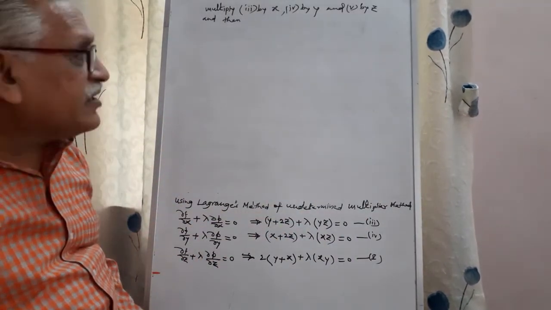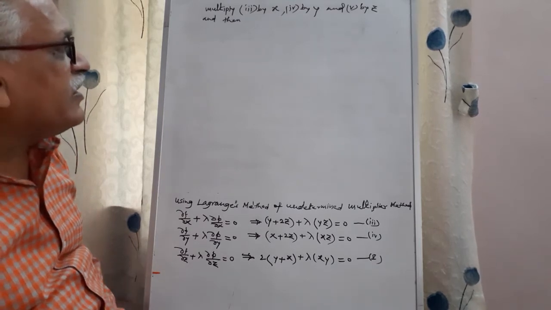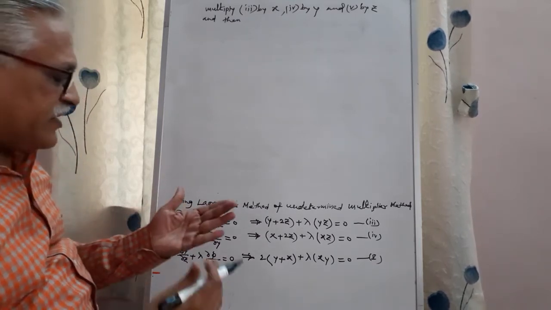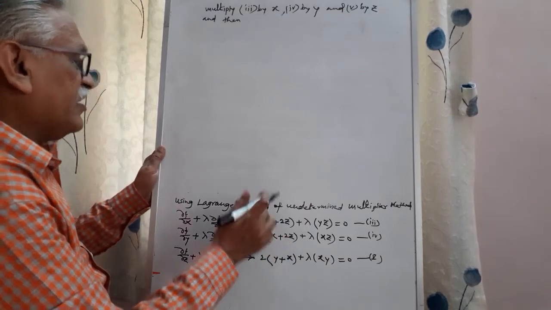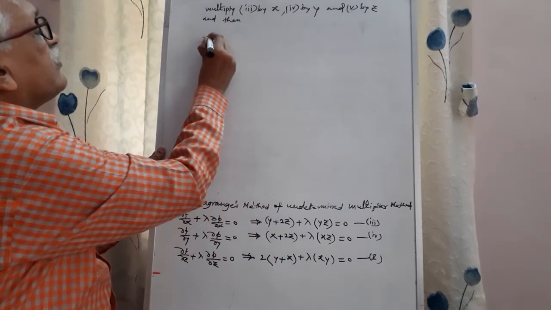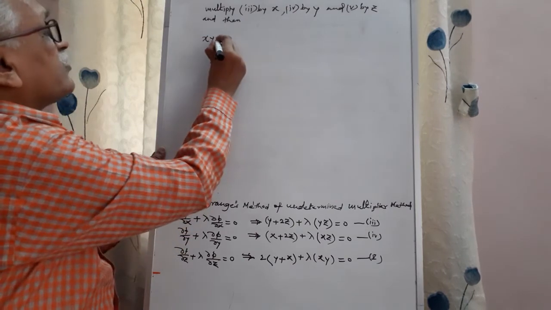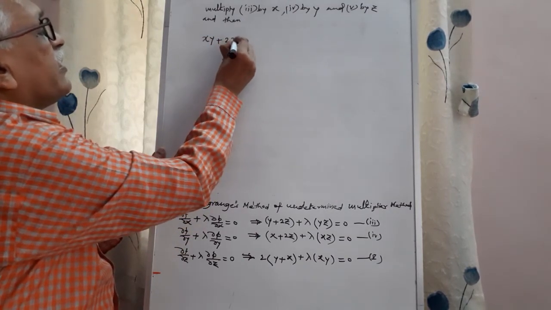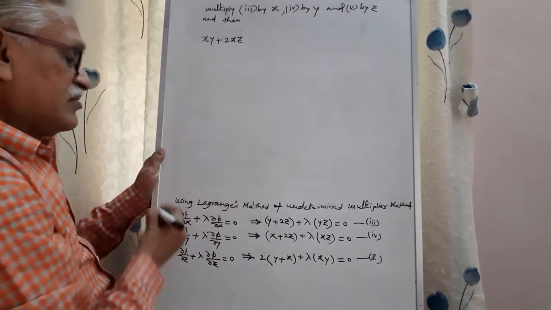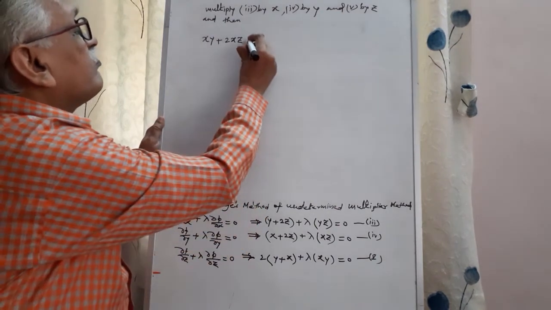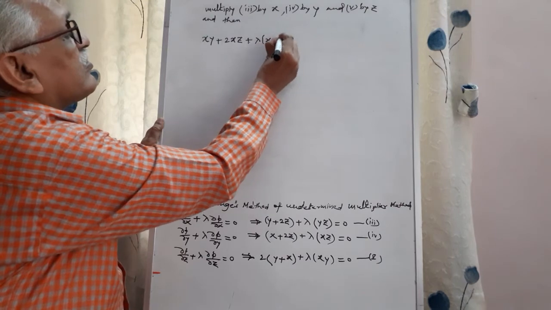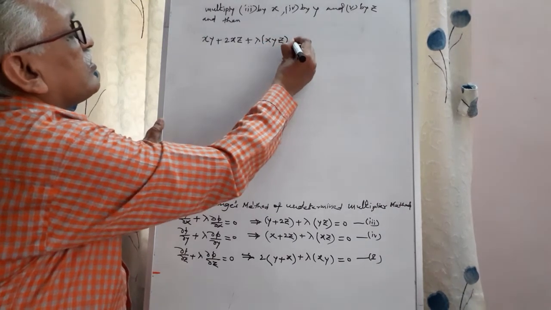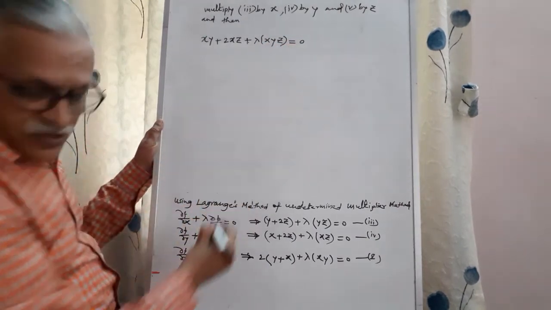Multiply 3 by x, 4 by y and 5 by z. Here, if we multiply by x, we get xy plus 2xz plus lambda times xyz equals 0.